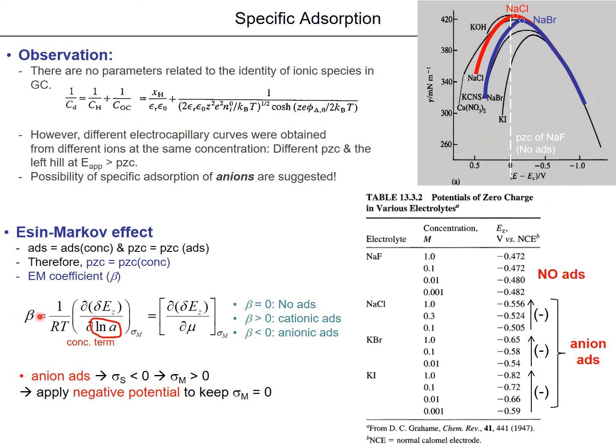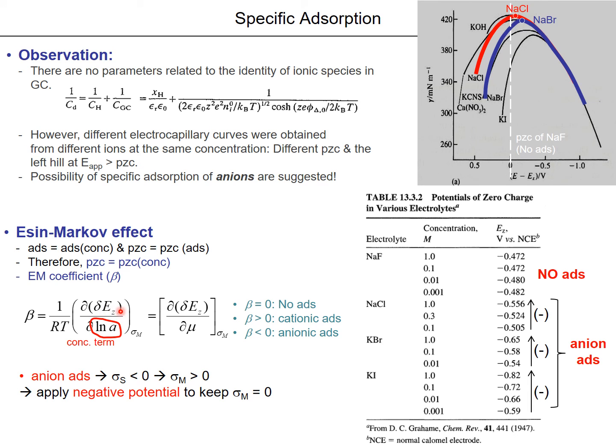Beta is defined as 1 over RT, RT is a kind of energy term, with the first derivative of something with respect to the log of concentration, or activity, at the same excess charge of the metal plate. What is the something? That is the PZC shift, I mean the potential shift of the point of zero charge.